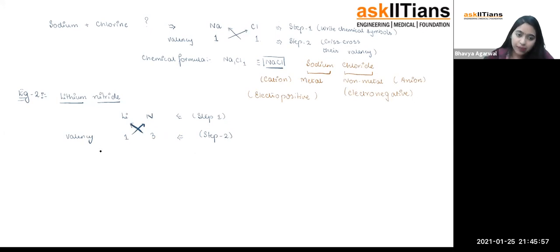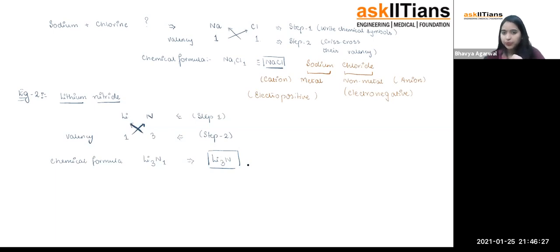Now, step 3 is your chemical formula after crisscrossing the valency. What you get is Li, which is 3 in number, and nitrogen, which is just 1 in number. So in short, we write it as Li3N, which is the formula for lithium nitride. Understood?